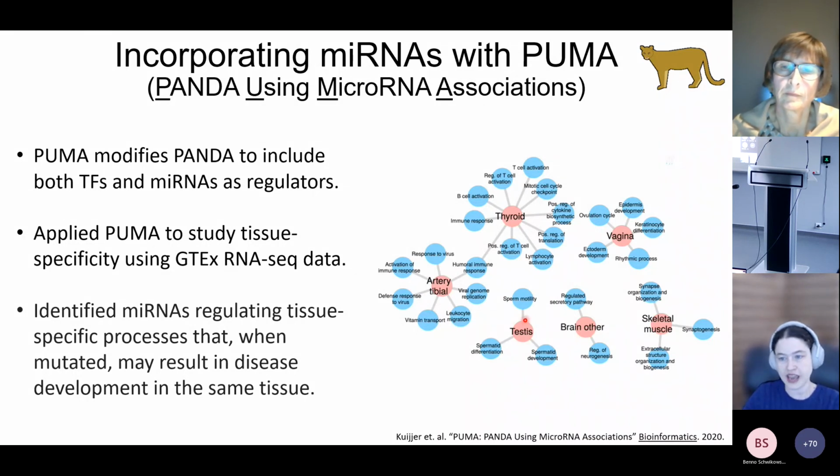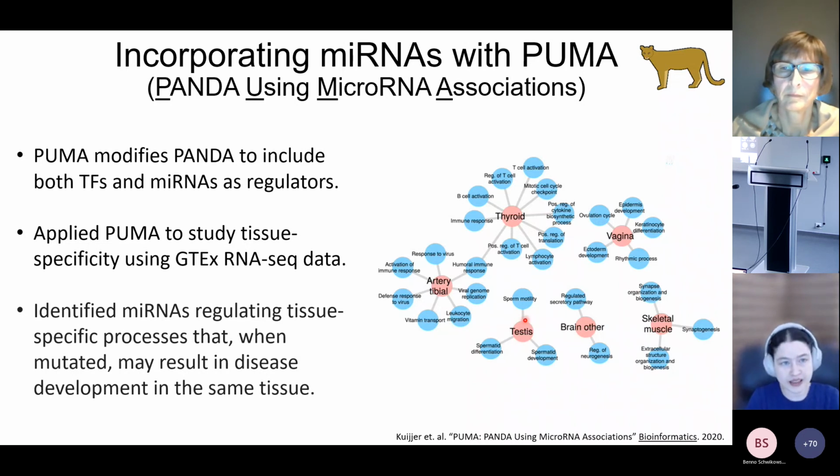Right, in the vagina, we had ovulation cycle and rhythmic process, a lot of things that make sense. And then Marika Kujer, who led this project, was able to go through and look at the microRNAs that actually made up these individual edges and look into various databases. And we found evidence that those particular microRNAs, when mutated, actually can result in disease development in that tissue. It was a really, really nice analysis.